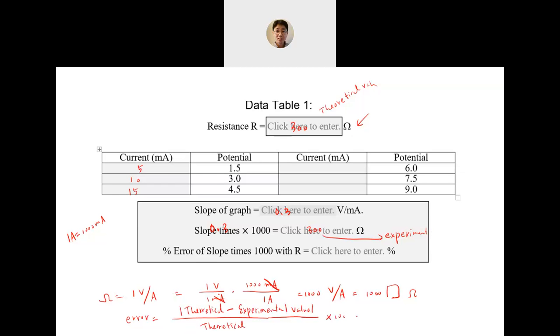In this case, the theoretical value is 300, minus the experimental value 300, which is 0% error. There's no error, just 0%. We can write it this way.